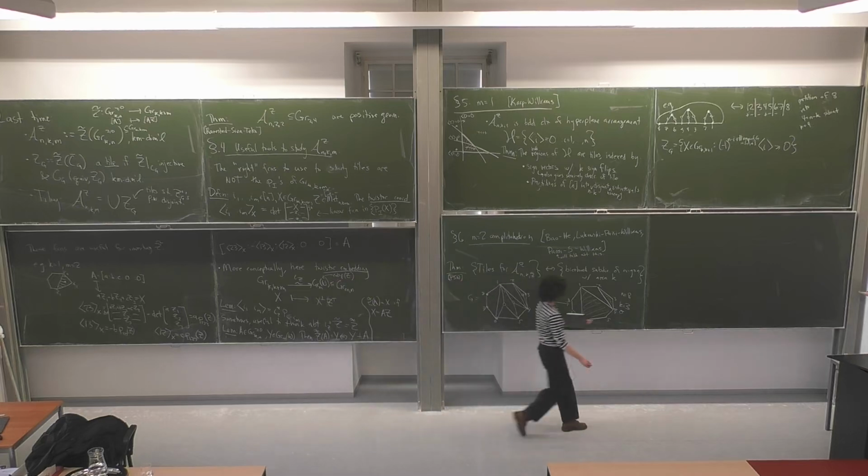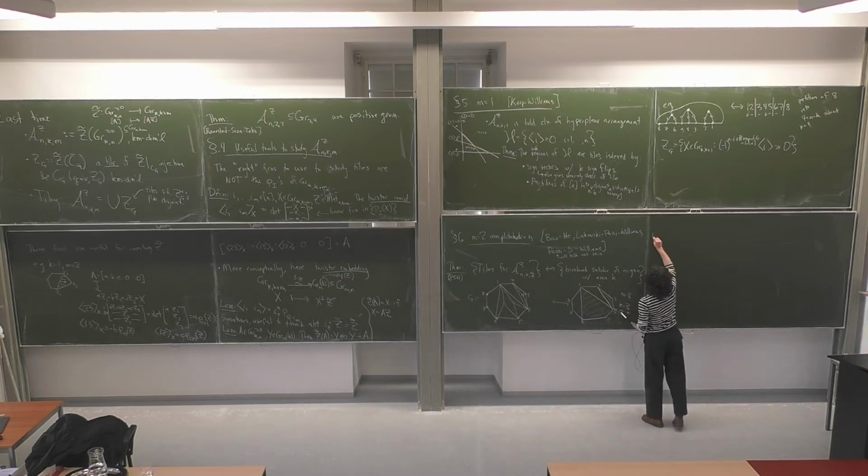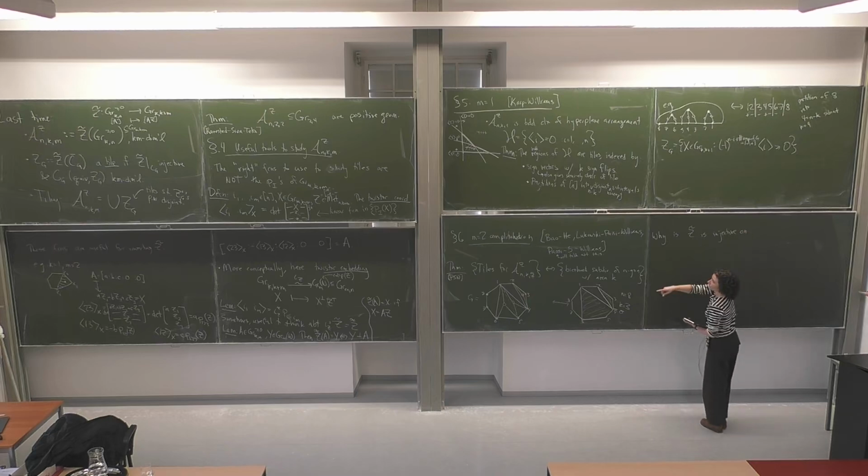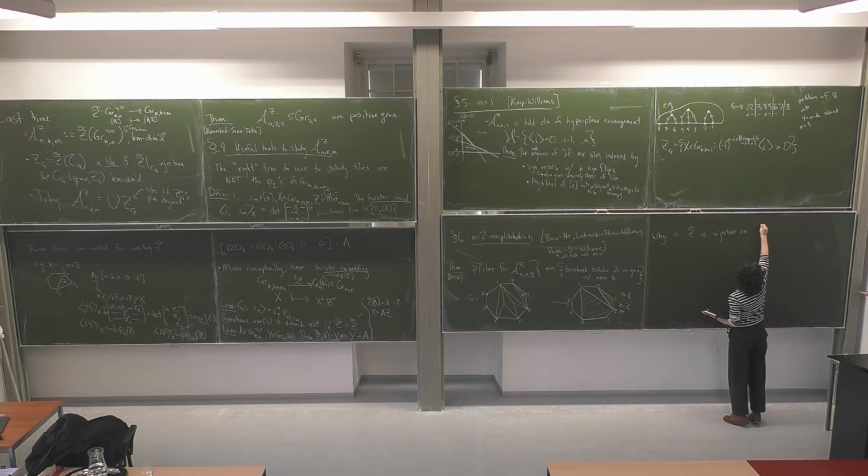So let's think a little bit about why z tilde is injective on this particular positroid cell.